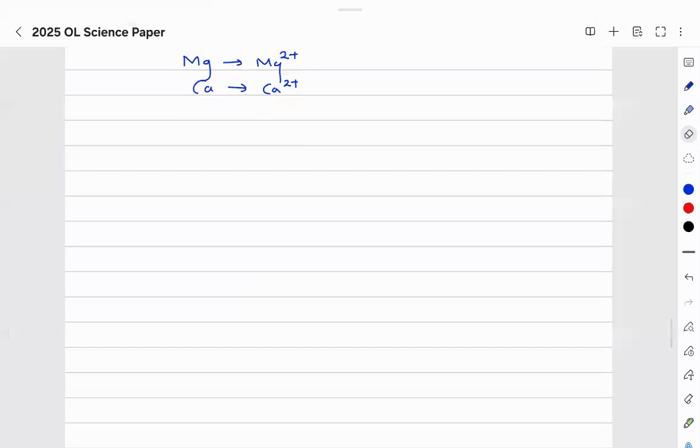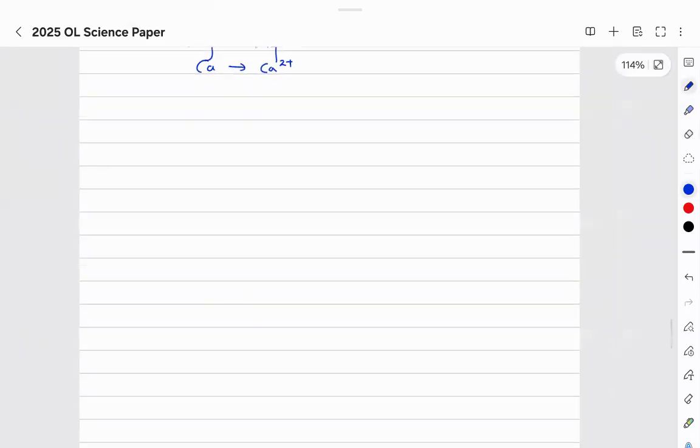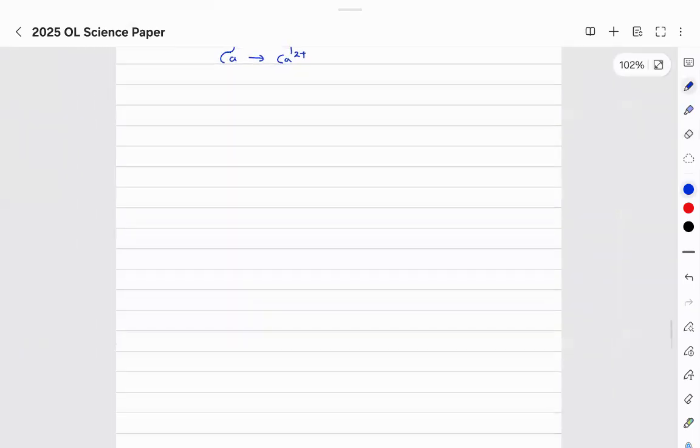And do you know about organic chemistry? Organic chemistry means we are going to discuss the carbon containing compounds. The compounds containing carbon are commonly referred to as organic compounds, right? So organic chemistry means carbon containing compounds.